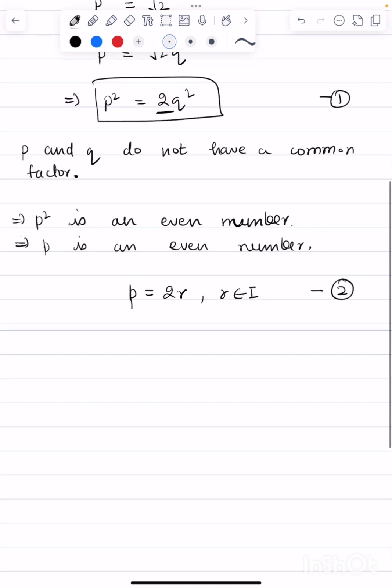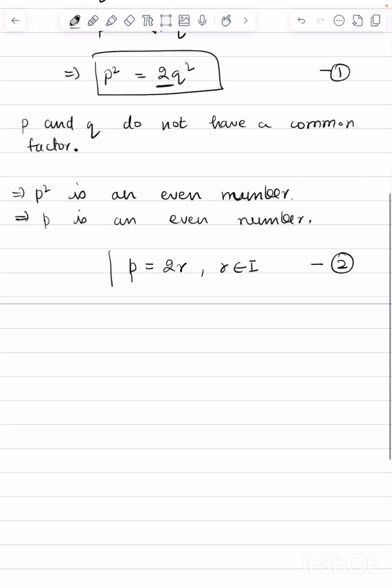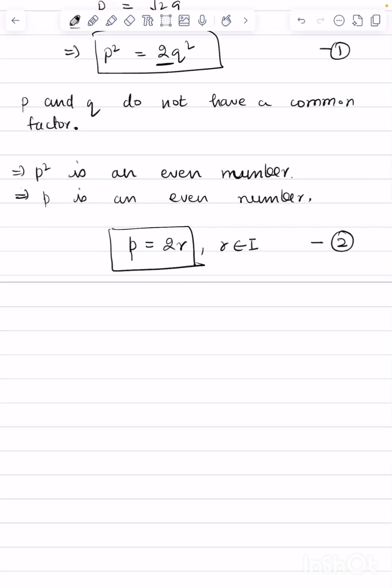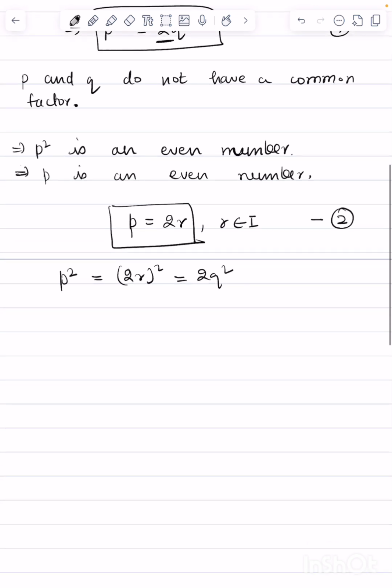Now let us try to merge equation number 1 and equation number 2. We write p square equals 2r whole square equals 2q square. From this we can derive that 4r square is equal to 2q square.